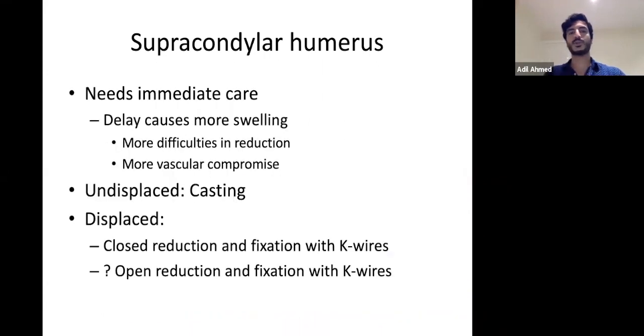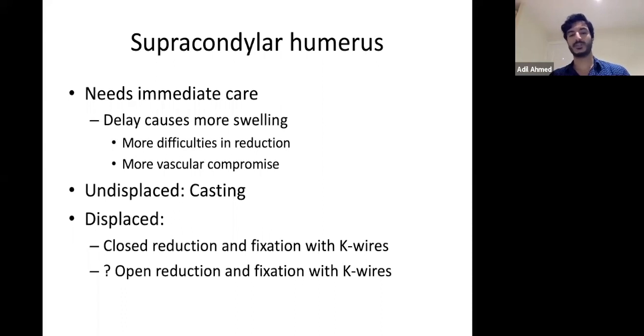So supracondylar fractures need immediate care. The delay causes more swelling, as we discussed. It causes more difficulties in reduction. So we don't tend to leave the type 3s overnight as much as we used to, and that's predominantly because guidelines have come into effect to say why you should take someone to theatre.